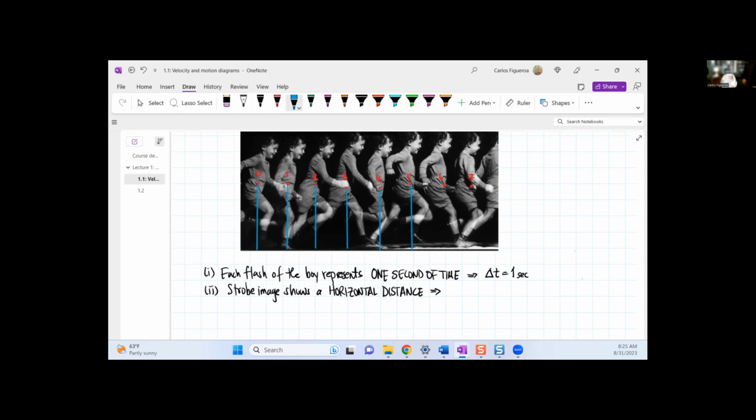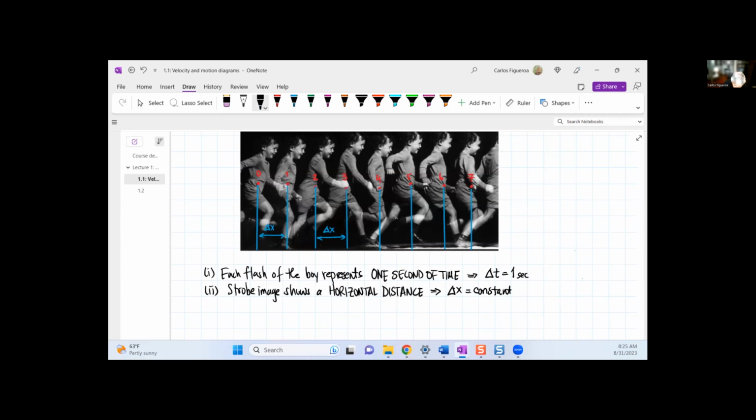And as this boy is running, you can see that these vertical lines are approximately constant. So if I compare this distance from here to here, and that distance from here to here, they look to be relatively constant. So what this tells me is that the spacings between these blue lines are roughly equal to a constant.